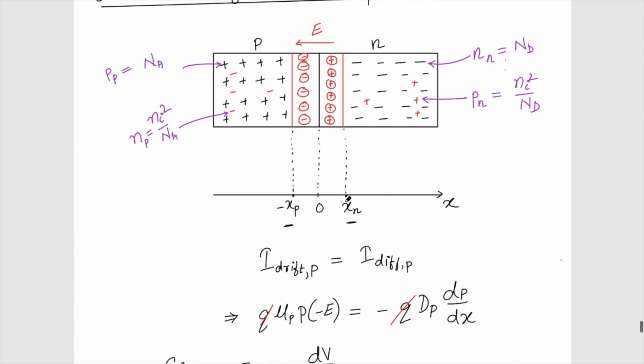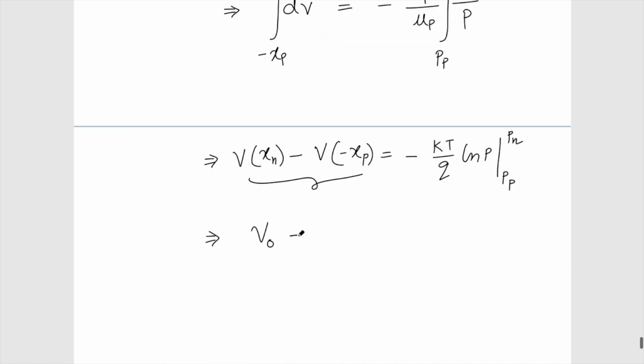The potential difference from here to here is V0, it's equal to minus kT by q ln, if I take the negative term inside, this will be reversed.